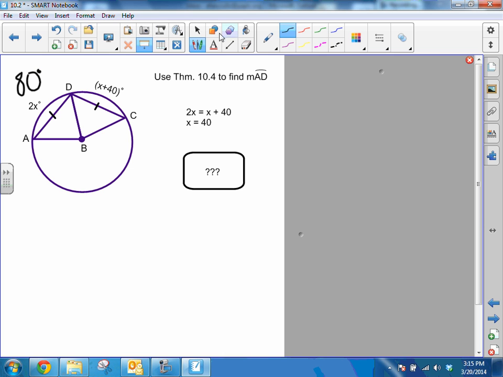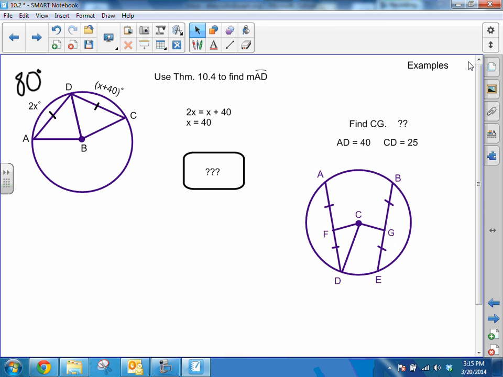Okay. Now the next one, don't shout anything out. Really look at this. Okay? What you have is you're going to find what CG is. You know that AD is 40, and you know CD is 25. A lot of things going on here.